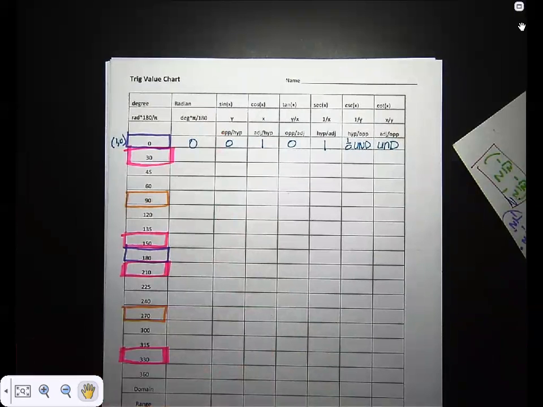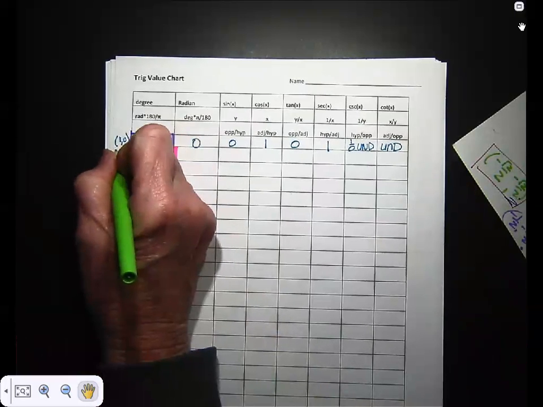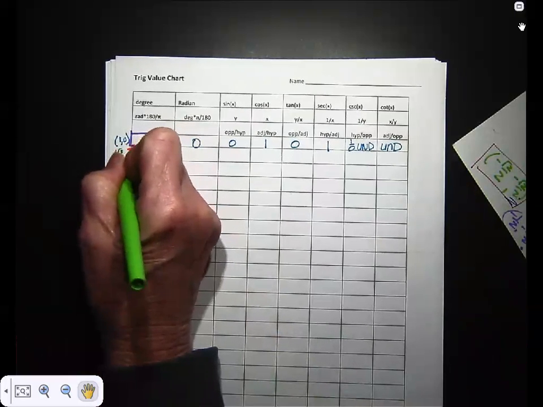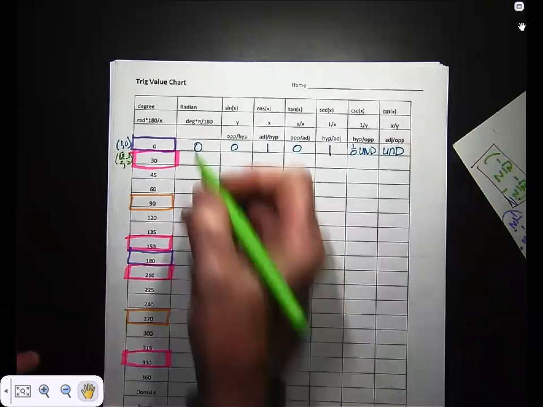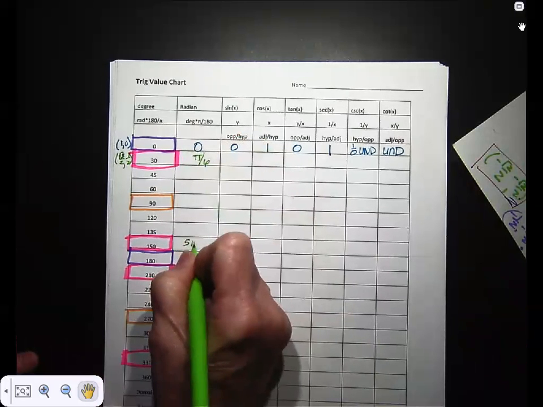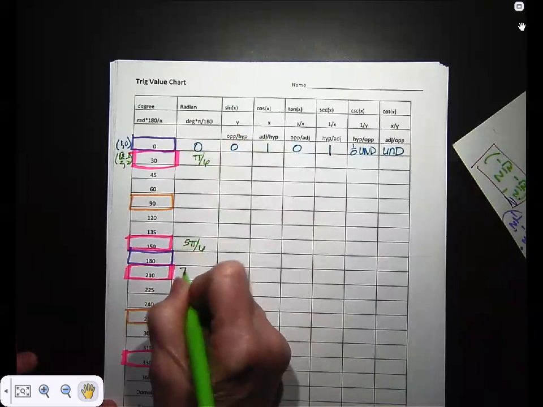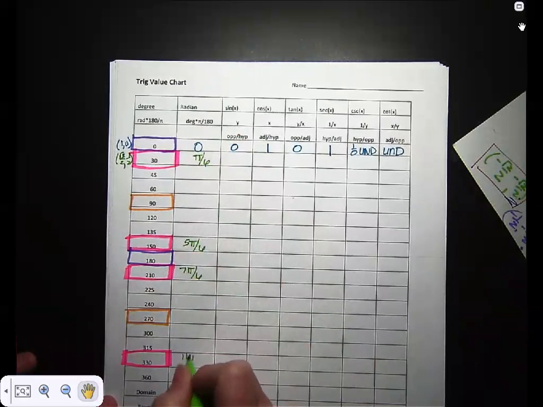The only difference is going to be what happens with your signs. So the ordered pair for this is the square root of 3 over 2, 1/2. This would be pi over 6, 5 pi over 6, 7 pi over 6, and 11 pi over 6.